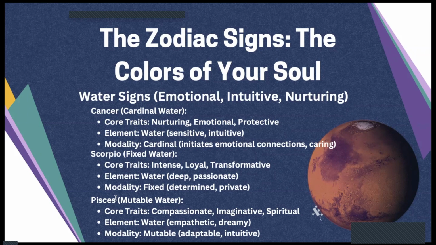We have Pisces, the mutable water. The core traits of Pisces are compassionate, imaginative, spiritual. Pisces is going to be the shaman energy, right? They're going to teach you about the tarot, the yoga, the meditation. They're going to take you on those retreats.